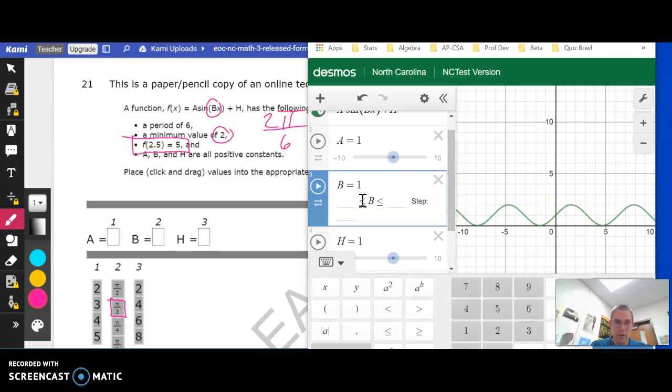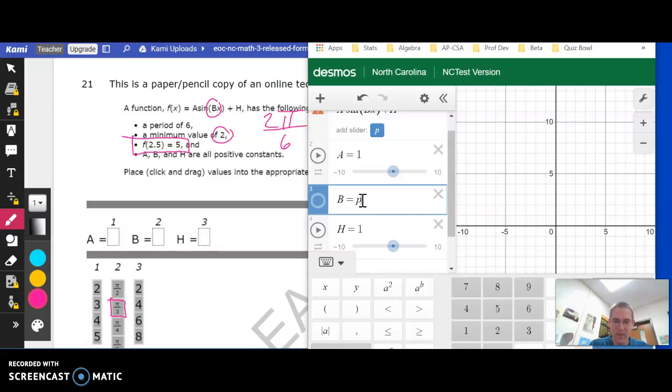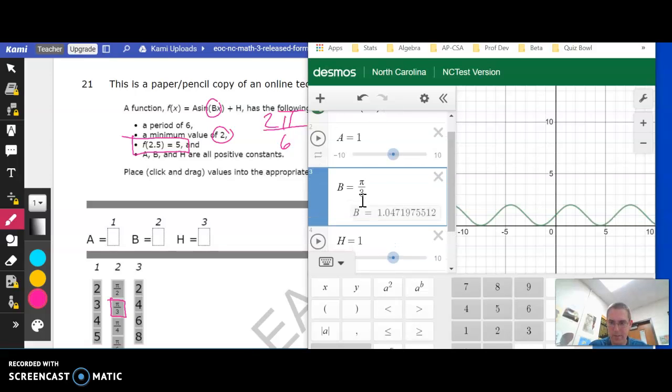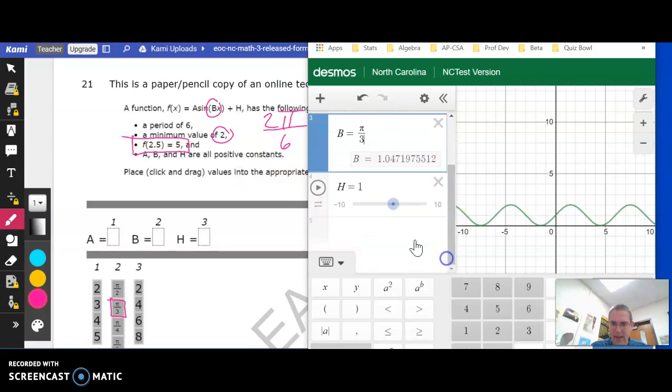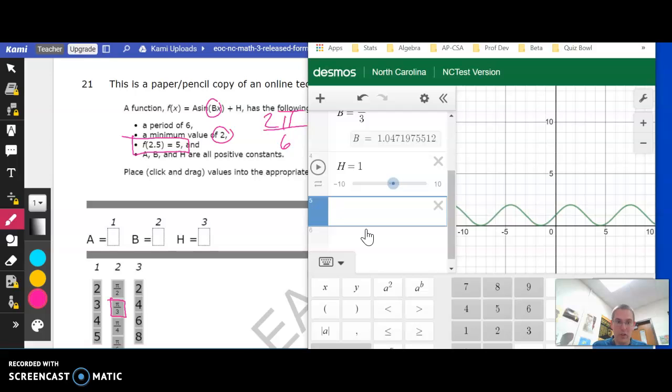So I'm going to start by typing in what I think the period is, which is pi over 3. And I'm also going to look to see it should have a value of 2.5. Now one trick to help you with that, instead of having to click it over and over, since the y value of that point is supposed to be 5, I'm going to type in the equation y equals 5.